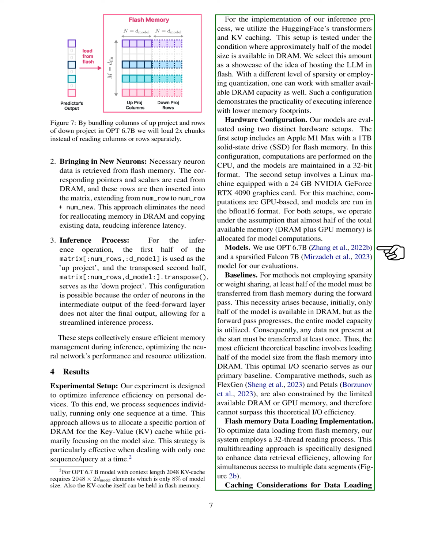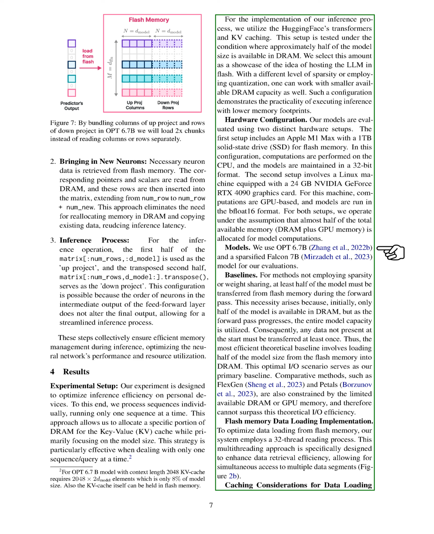Here, computations are GPU-based, and models are run in the bfloat16 format. For both setups, we assume that almost half of the total available memory, DRAM plus GPU memory, is allocated for model computations. We use the OPT 6.7b and a sparsified Falcon 7b model for our evaluations.